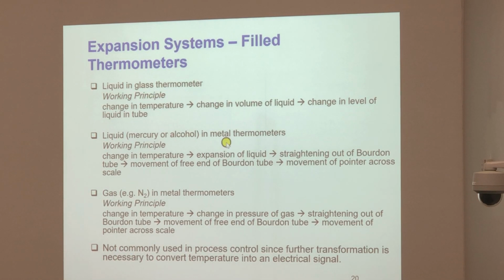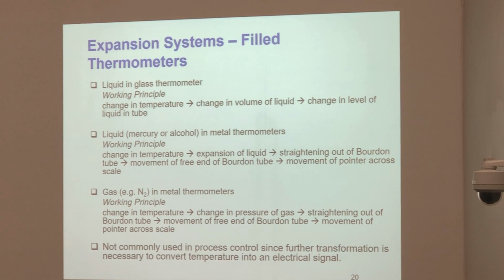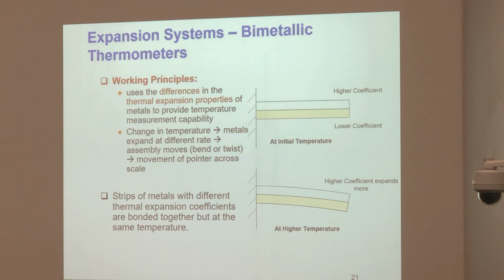Liquid in the metal thermometer means the container itself is metal. So when the liquid inside expands, it will move. All these working principles, try to read about gas also, etc. These are the examples.